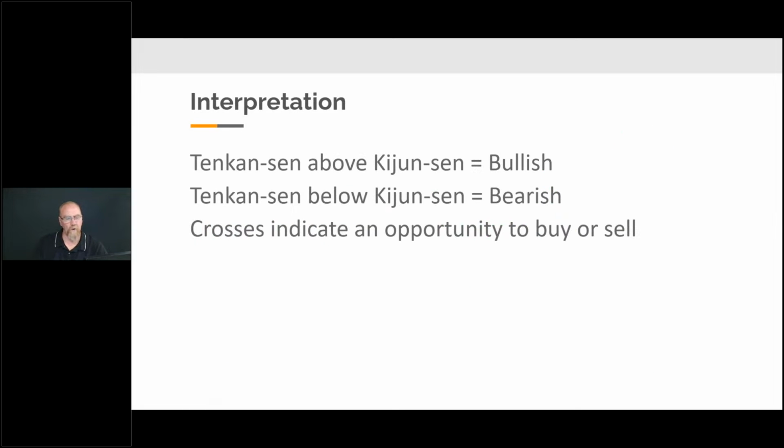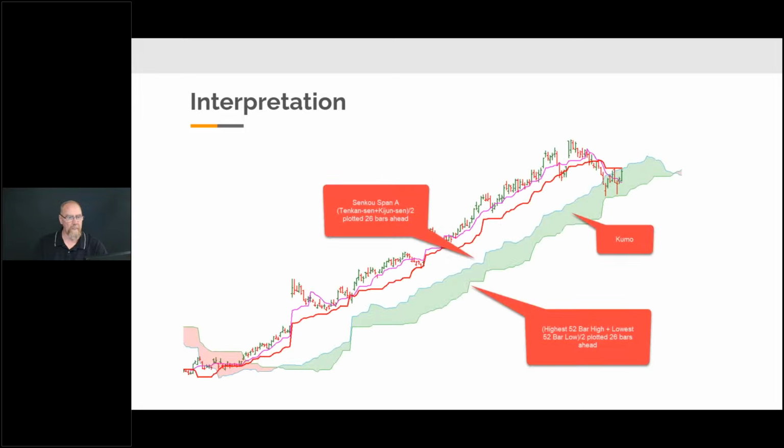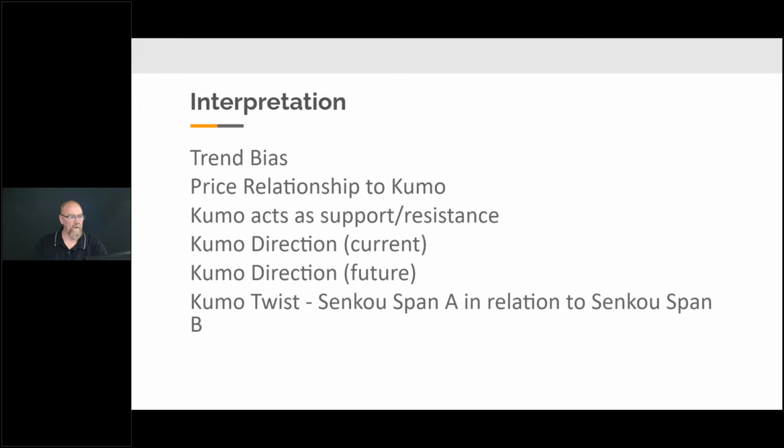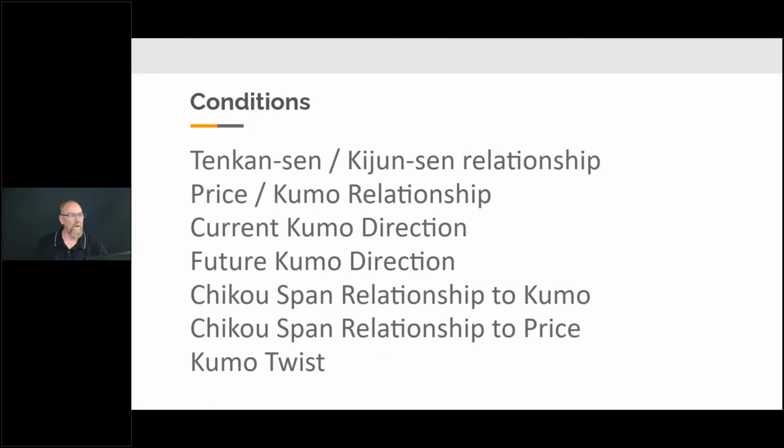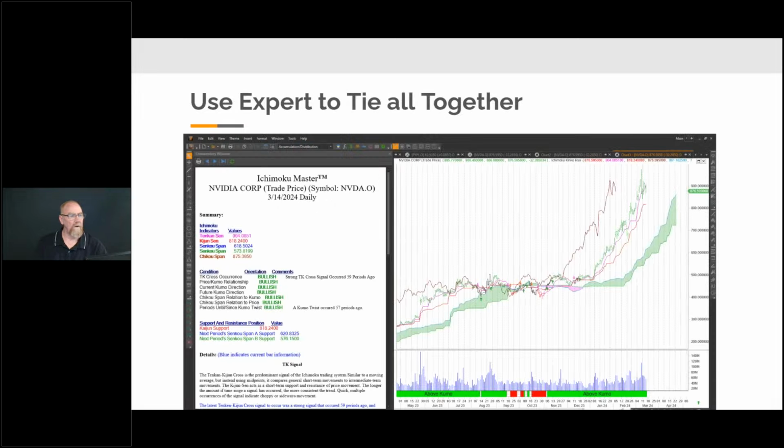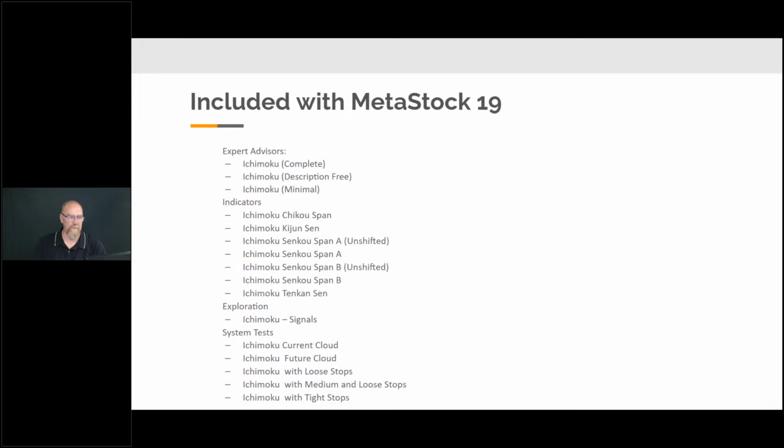Again, there is a great webinar on our MetaStock YouTube channel that talks about this and how to trade it. And the Ichimoku Master, it ties it all together. I can't say enough about that webinar, as it is perfect. And it takes an hour to go through it.